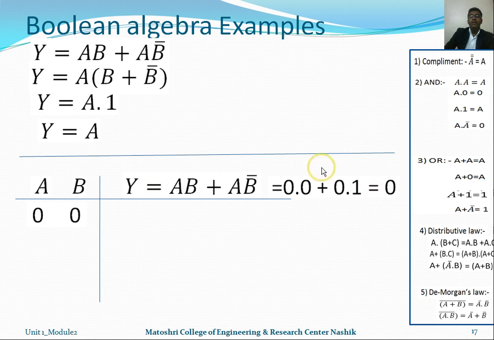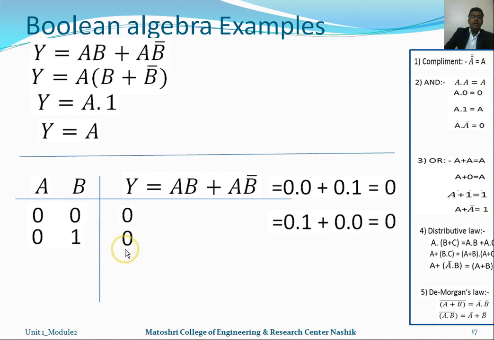So we get 0 when the input A is 0 and B is 0. Similarly, for the second possibility, A is 0 and B is 1, and we put these values in this complicated Boolean algebra expression. So we get 0 1 ORing with 0 0, and the output Y is 0.